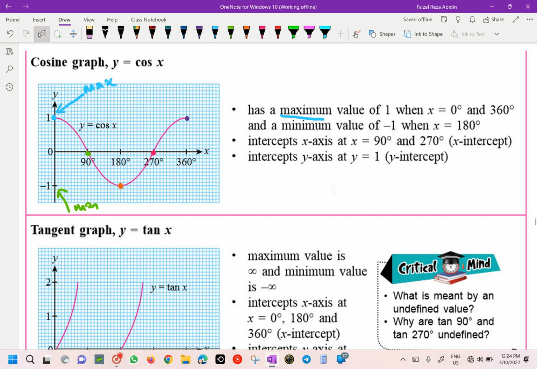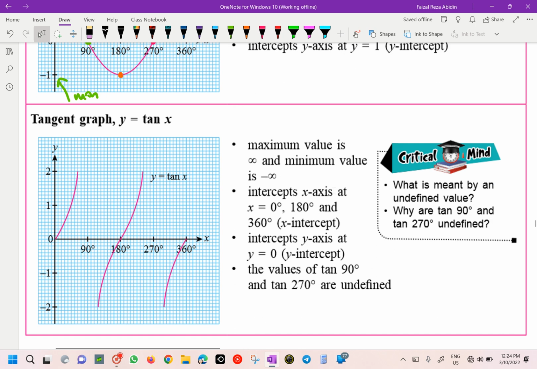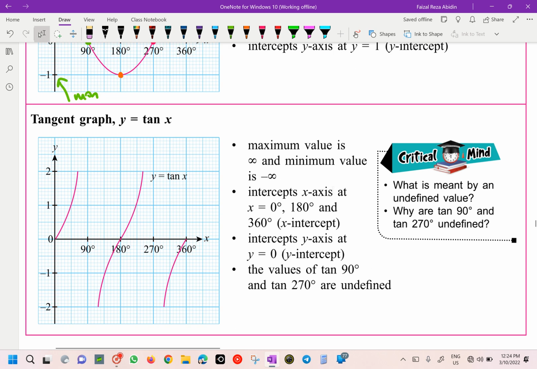Now back to our textbook. We are going to look at the third graph, which is going to be tangent. This one is a special one. If you look at the tangent over here, if you're using your calculator, tangent 0, you are going to get 0. Try to do tangent 90.